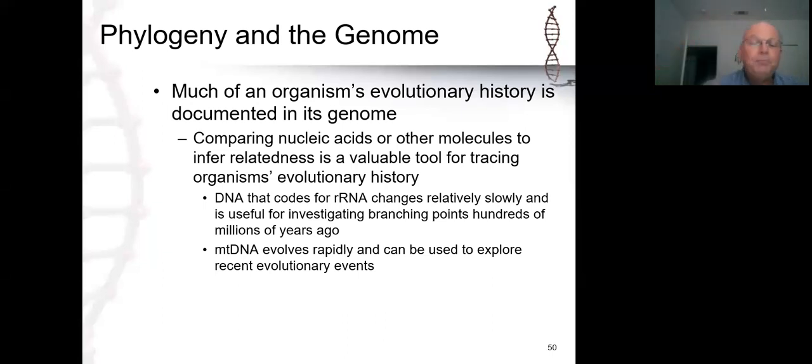Mitochondrial DNA evolves more rapidly, but still you can't allow it to evolve too significantly, because mitochondrial DNA codes for proteins that are involved in cell respiration. And most of the complexes in cell respiration, particularly the mitochondrial complexes, involve at least one component that's coded in the mitochondrial DNA.